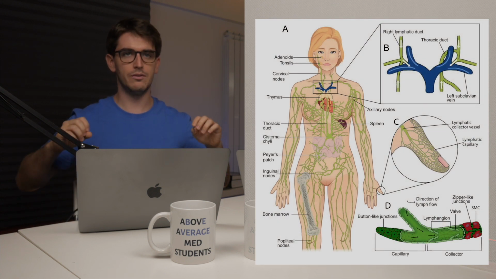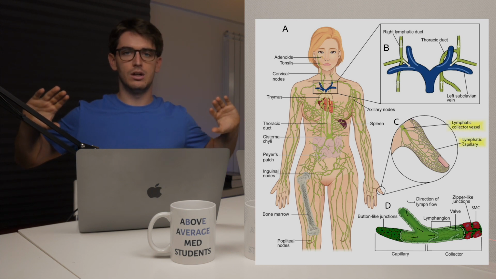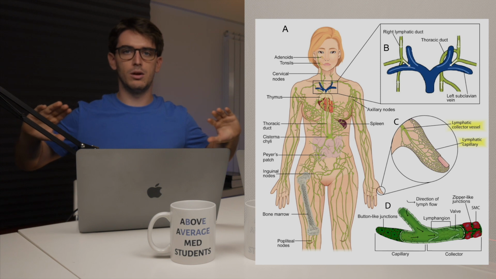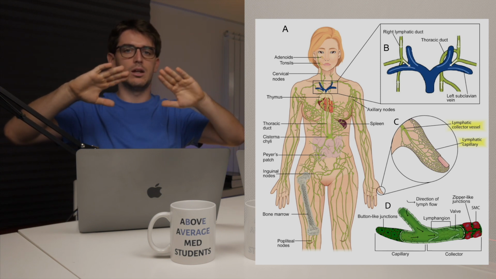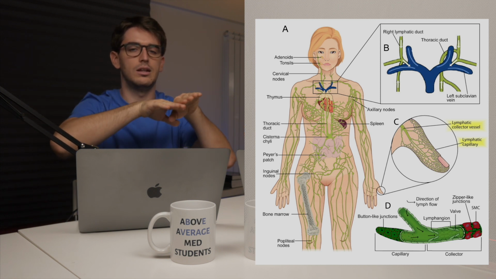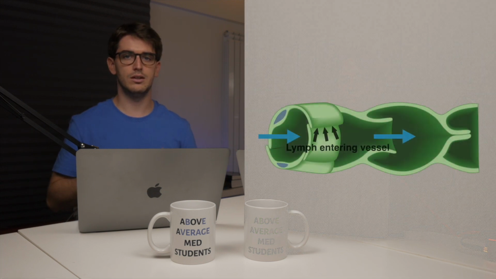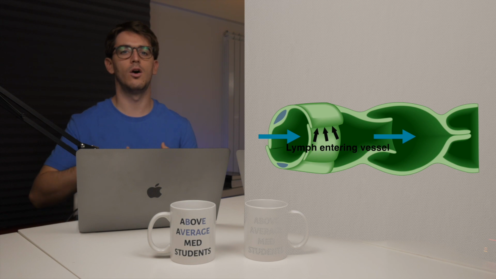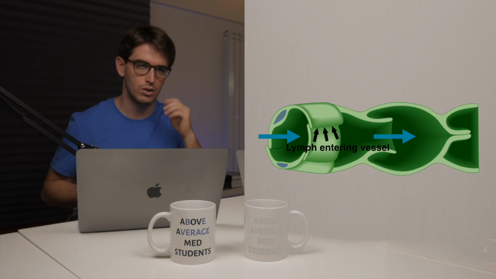Rather, we have vessels that start at the peripheries, found in every location of our body, that will then converge into larger and larger vessels that will eventually empty in blood circulation. Much like blood vessels, they are made of endothelial cells. However, these endothelial cells have the peculiarity of overlapping, generating these sort of flaps that work as one-way valves, allowing only for inflow of fluid and not outflow.